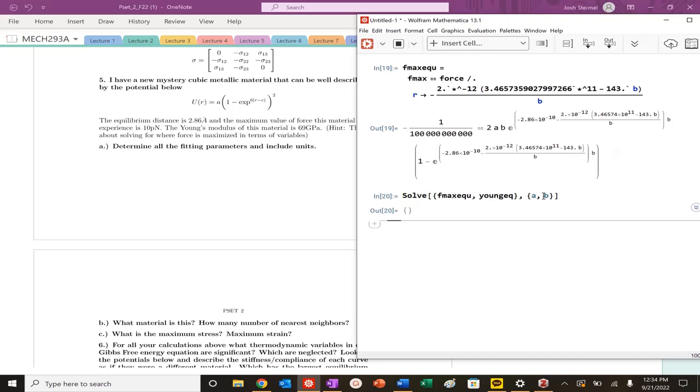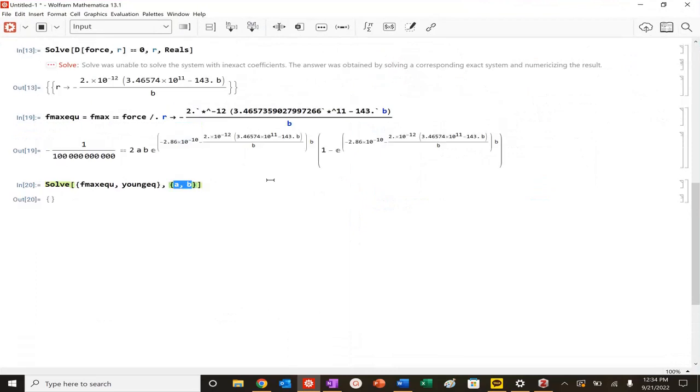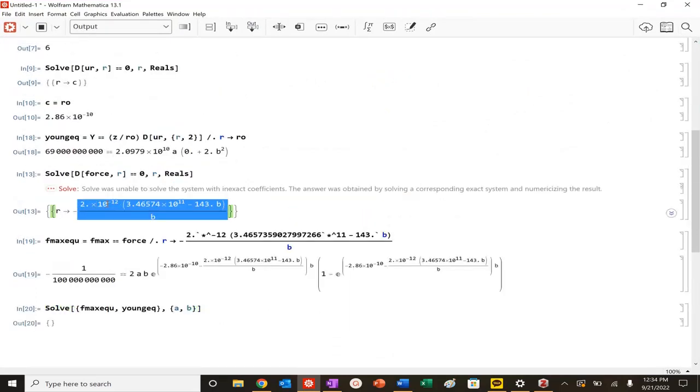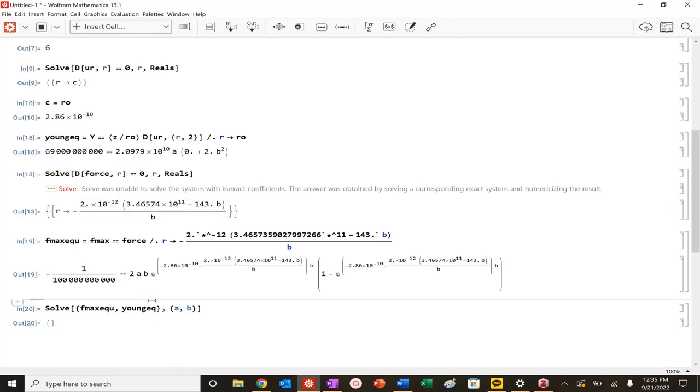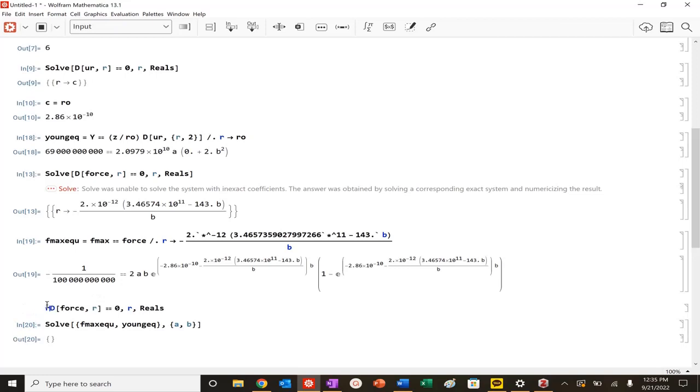I could try to solve for this, but it looks like we need to also solve for what this value here is. So we plug this into our equation, but we also need to solve for when this equals 0. So we want to solve one more equation, which is our R at F max, or our R when our force is maximized, which is going to be found by setting the derivative of the force equal to 0.